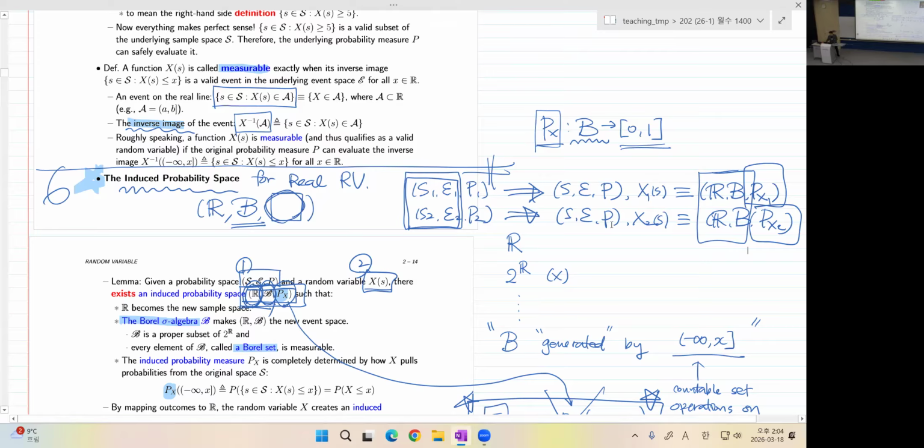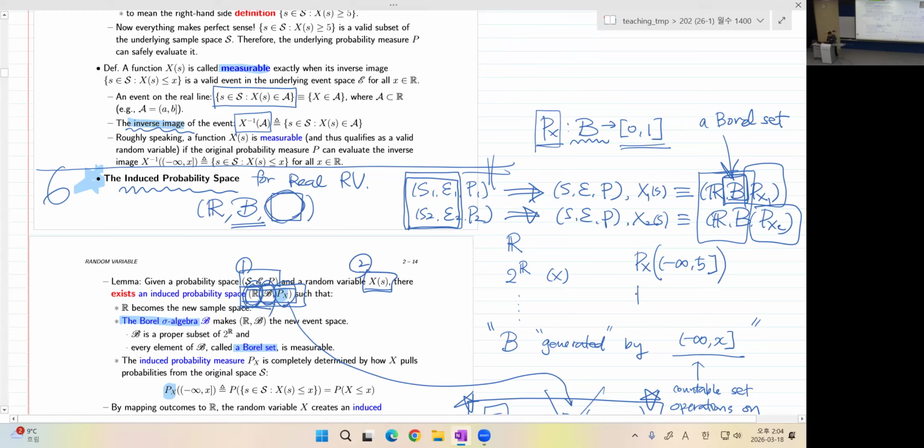By the way, an element of this Borel sigma field is called a Borel set. Got it? A member of the Borel sigma field is called a Borel set. So suppose you have this Borel set, the half interval, then you may assign some probability to this event.